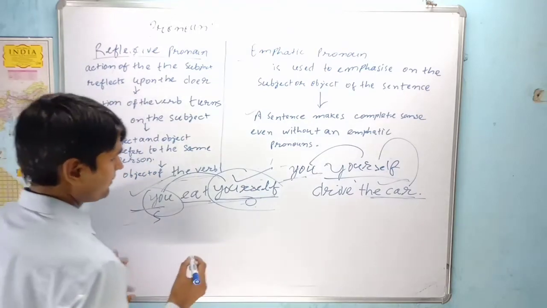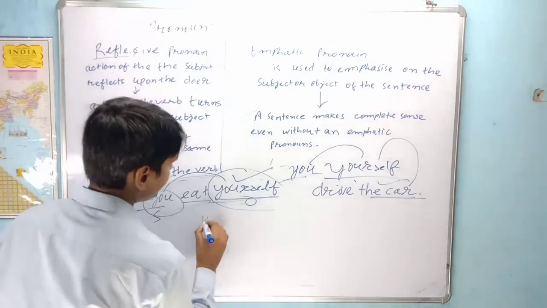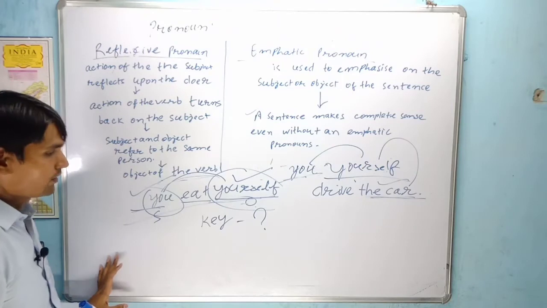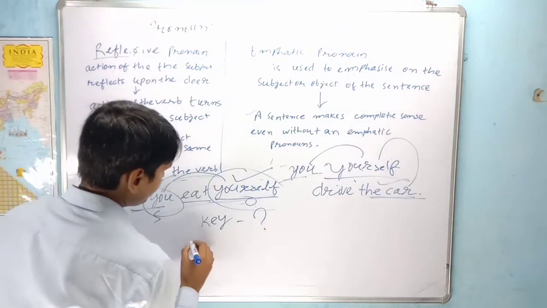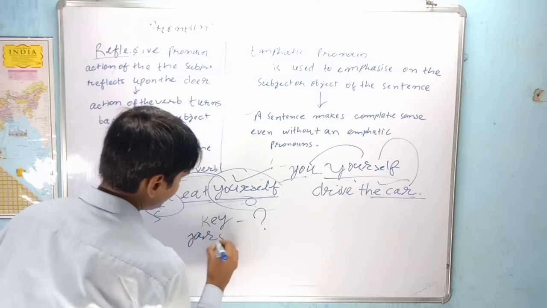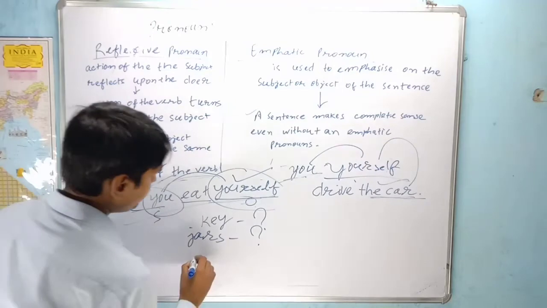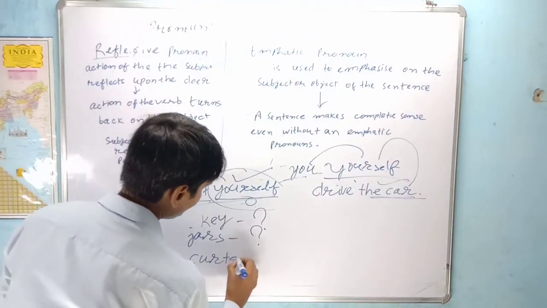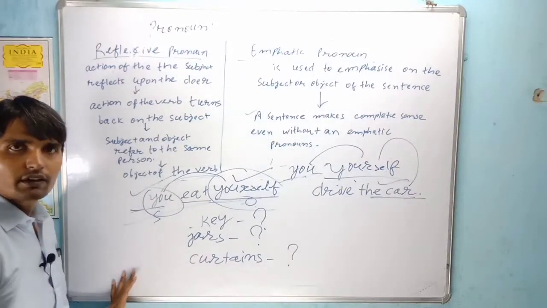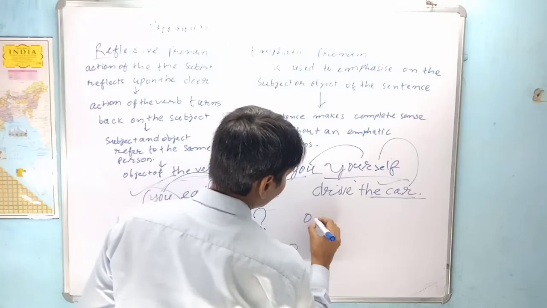The first word I write here is key, K-E-Y. You have to write the reflexive or emphatic pronoun. Jars, J-A-R-S. Curtains, C-U-R-T-A-I-N-S. One, O-N-E.